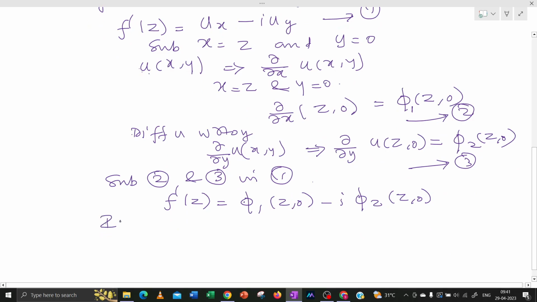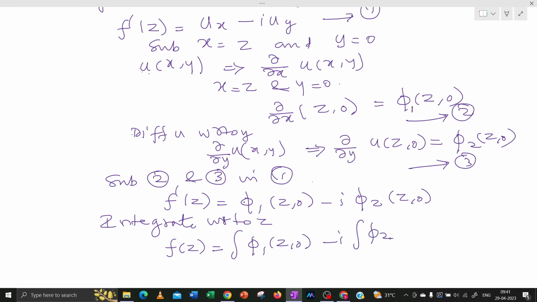That means integrate with respect to z. Integrating with respect to z, we get f of z equal to integration of phi 1 of z comma 0 minus i integration of phi 2 of z comma 0 plus some constant c. Sorry, here dz should come now. dz.